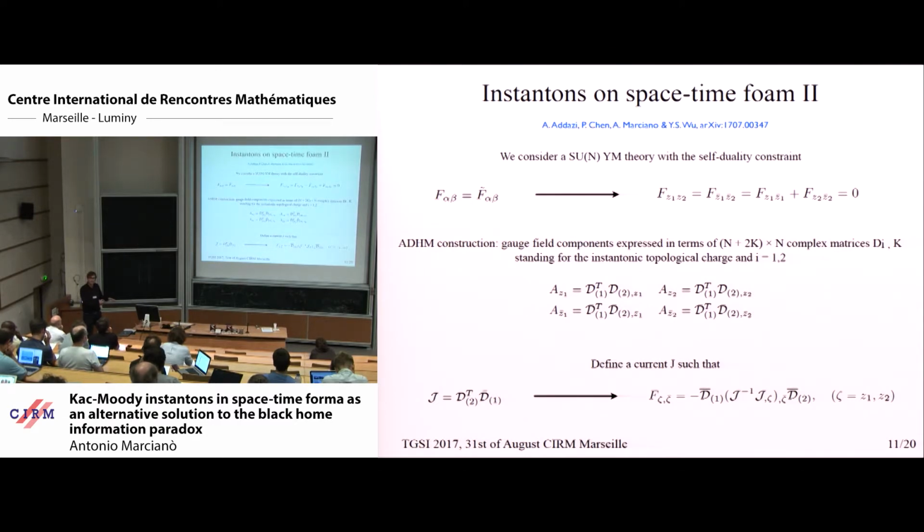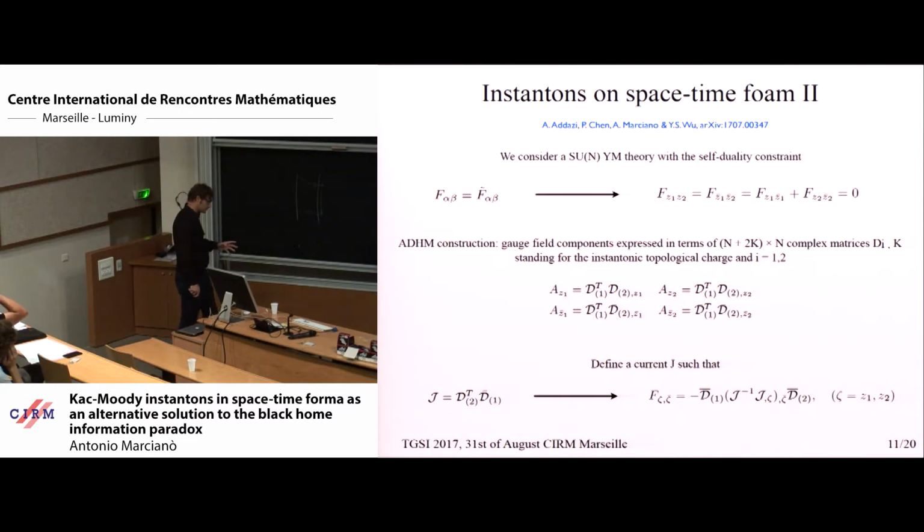So we can find Kac-Moody symmetries on the CP2 S2 bubble, in spacetime foam. It somehow passes through an ADHM-like formalism, but in ADHM, d-bar and d translated here would be Hermitian conjugates of each other, but this is not the case here.